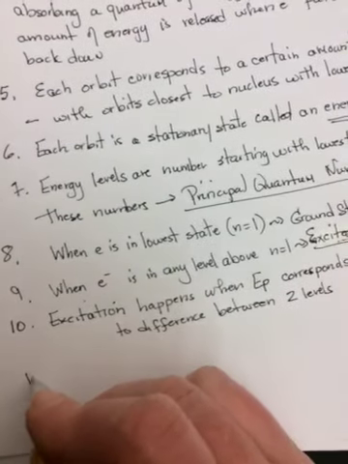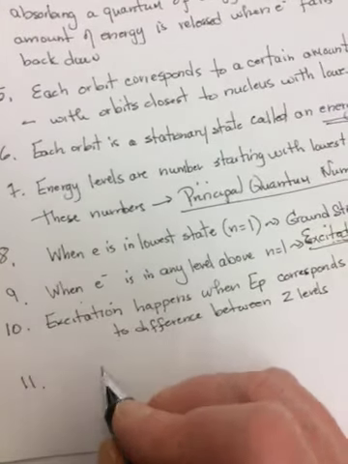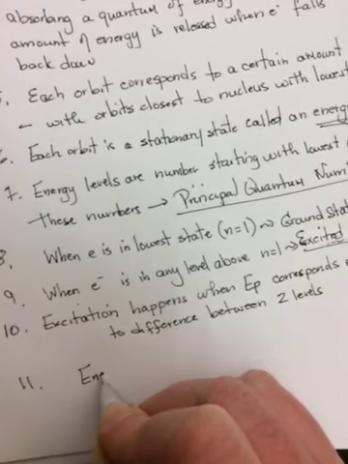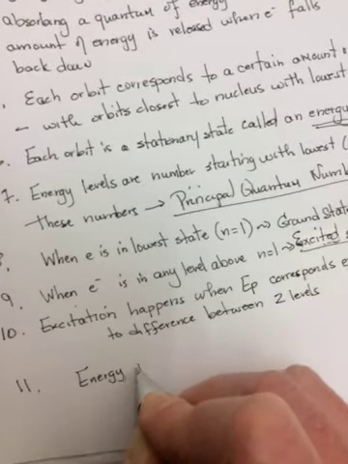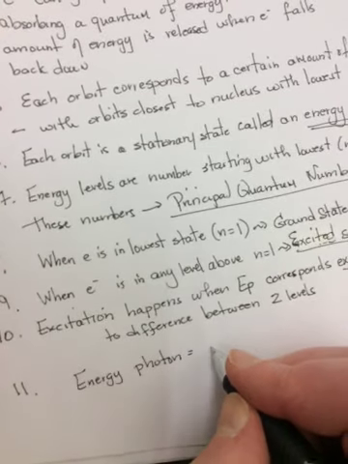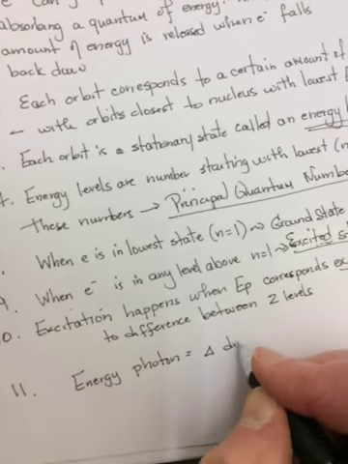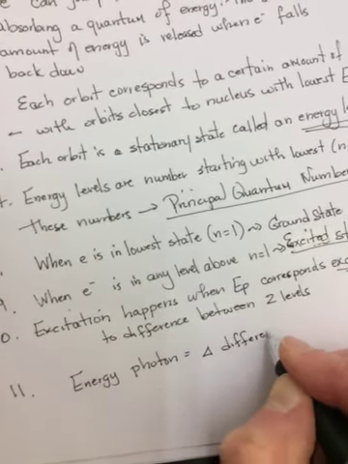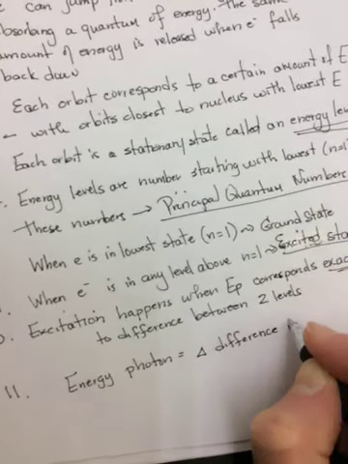Okay, and so that leads us to a formula where we are saying the energy of the photon has to equal the difference, right? Delta, the difference in energy levels.